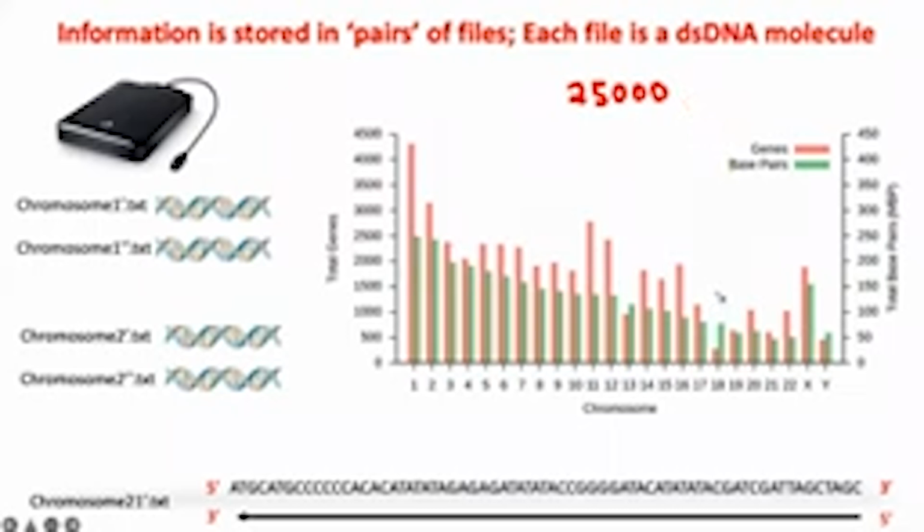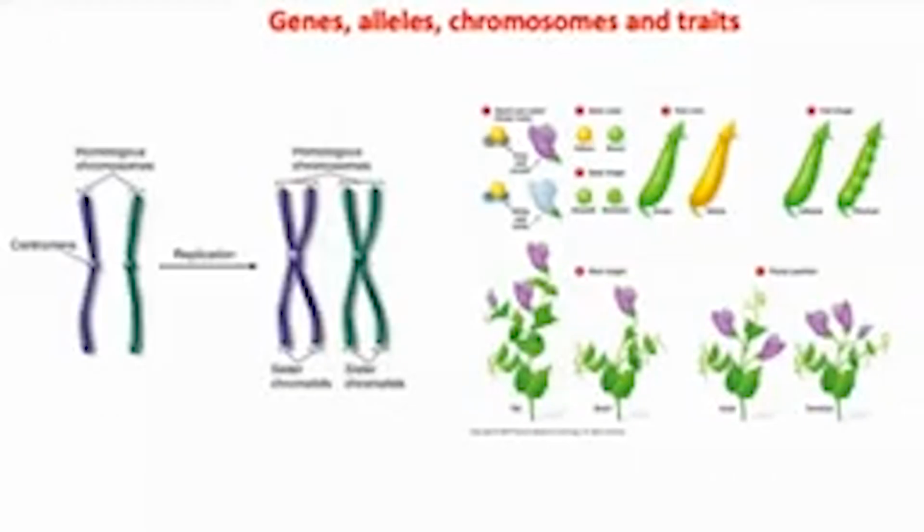Yes, sir. Thank you. Sure. Sir, I had a small doubt in the chromosome diagram. Sir, in this slide, the chromosome contains two chromatids, but on the left side of the diagram, they show a single chromatid as a chromosome. See, this is a chromosome.